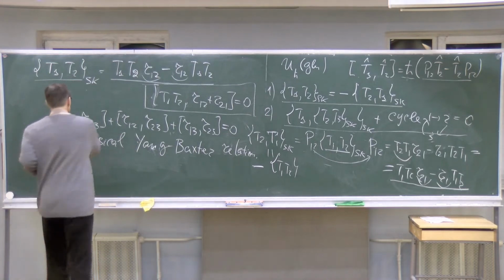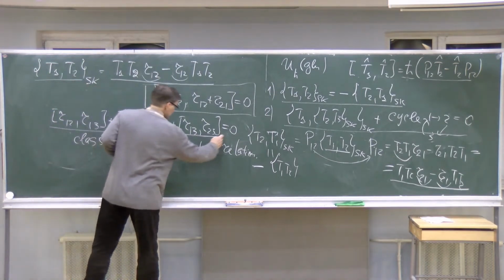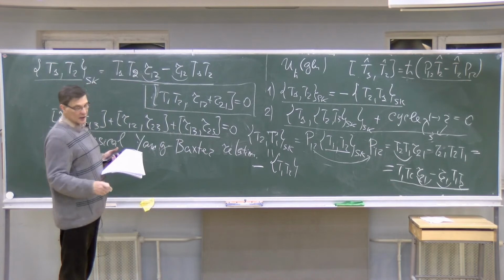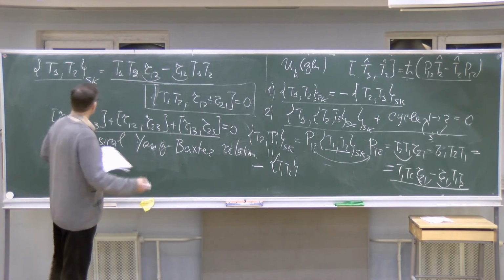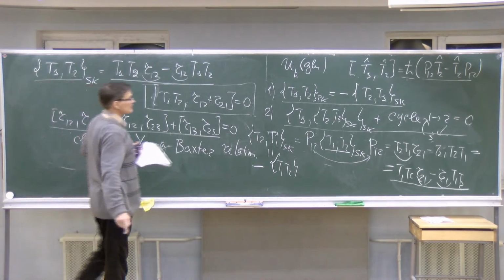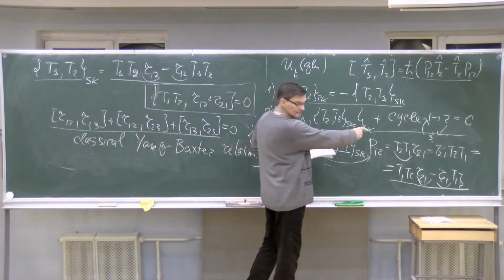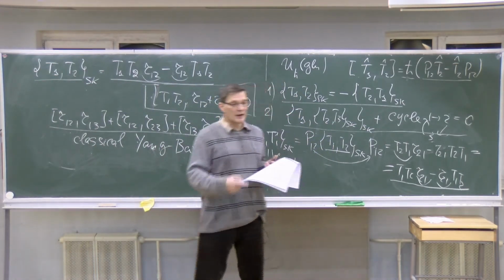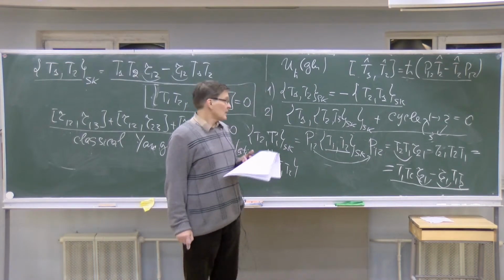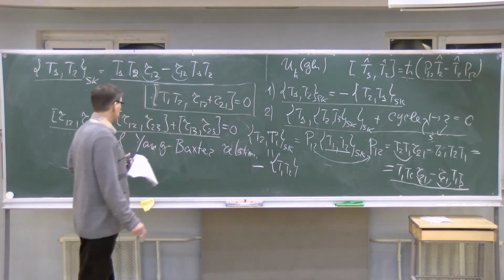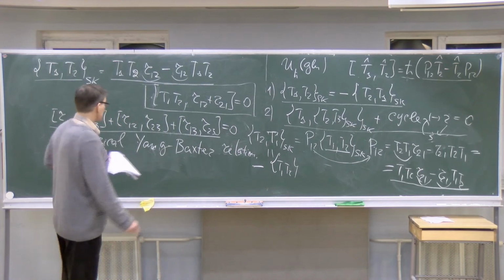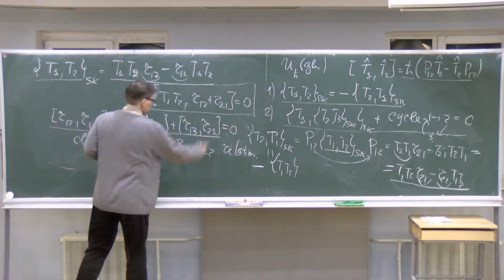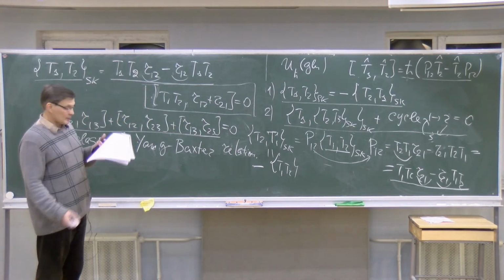If I have this relation, then I guarantee that my operation satisfies the Jacobi identity, the most important requirement on the Poisson bracket. A solution of such a matrix relation is called the classical R-matrix.